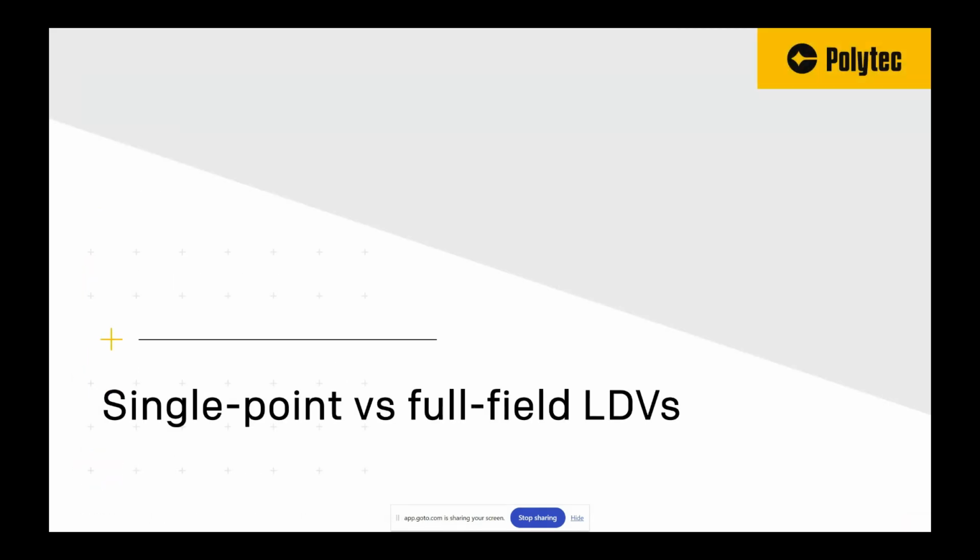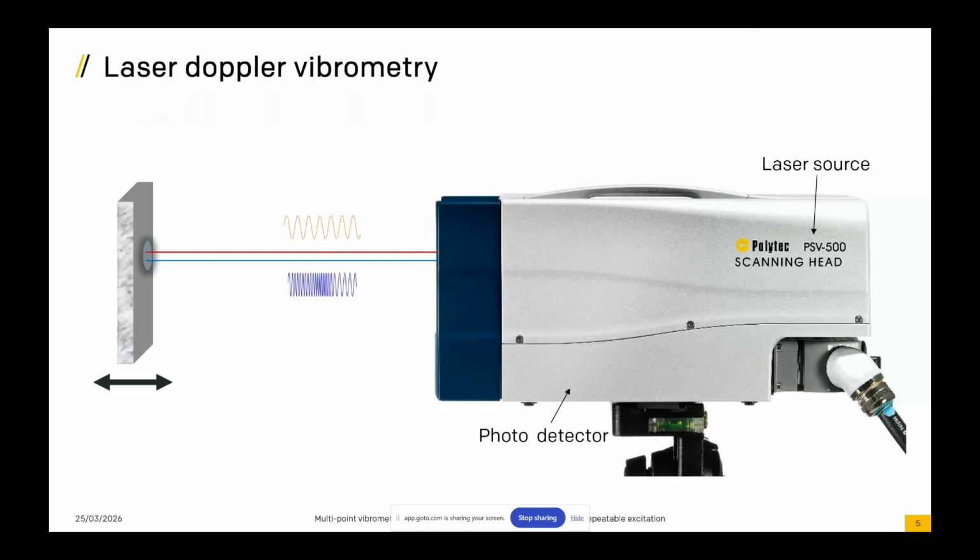So let's talk about single point versus full field LDVs. This is one of our laser Doppler vibrometers, our LDVs. And in this diagram, you can see it pointing at a device under test. The device might be vibrating in and out of plane, and the system is able to capture the vibration via the reflected laser.